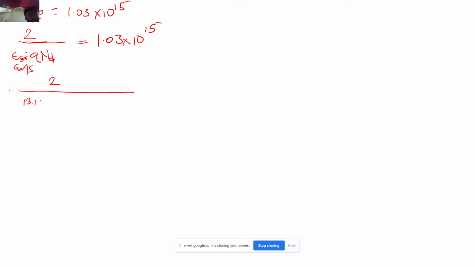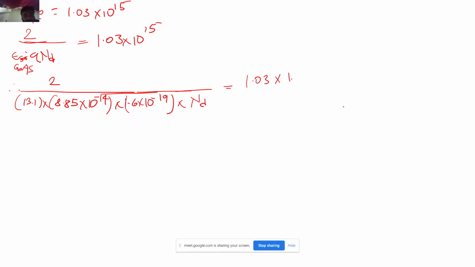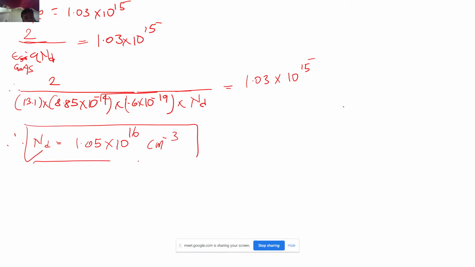So 13.1 into free space permittivity, into 1.6 into 10 to the power minus 19, into the value of ND, which I don't know, equals 1.03 into 10 to the power 50. So the value of ND will come out to be 1.05 into 10 to the power 16 cm to the power minus 3. This is the value of ND that you will be having.